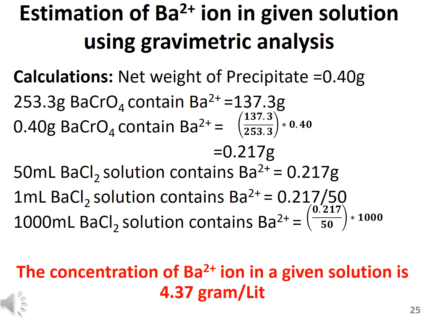So the solution that we took in the earlier stage, 50 ml of barium chloride solution, contains 0.217 gram of barium, and we apply the unitary method.